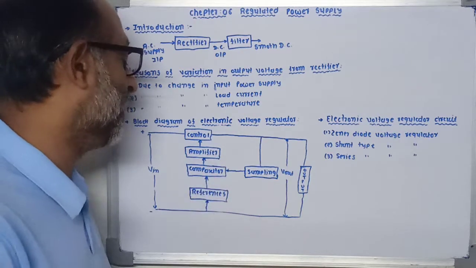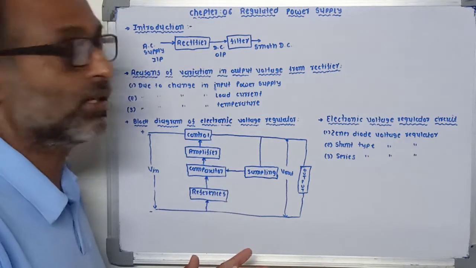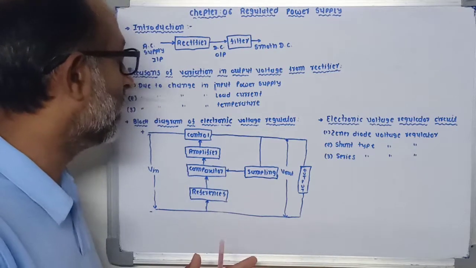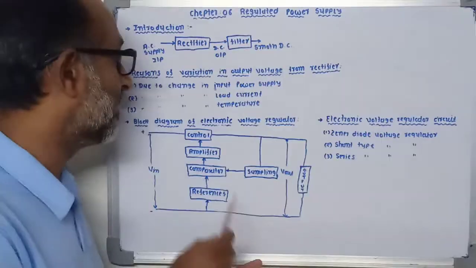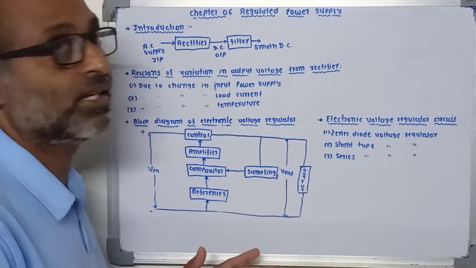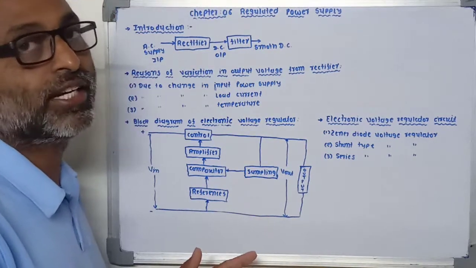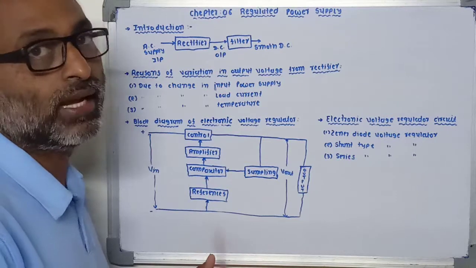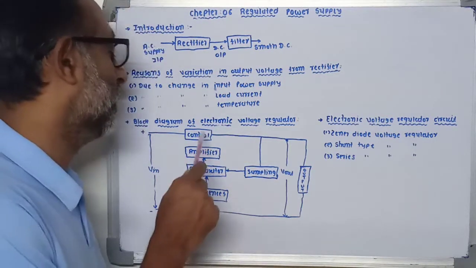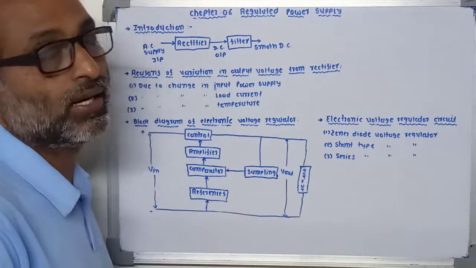Next, amplifier. Whatever error signal is generated by the comparator is amplified with this amplifier. Now the value of this error signal is very low, and it cannot operate the control element. So an amplifier is required.